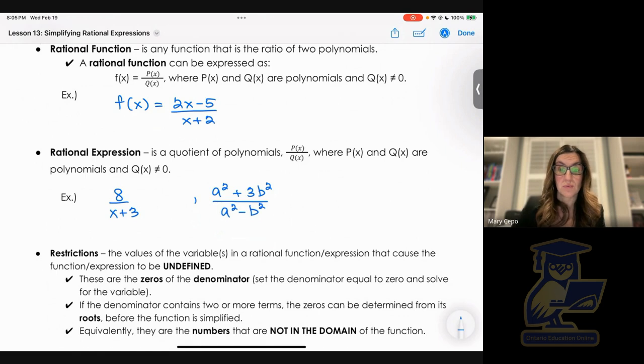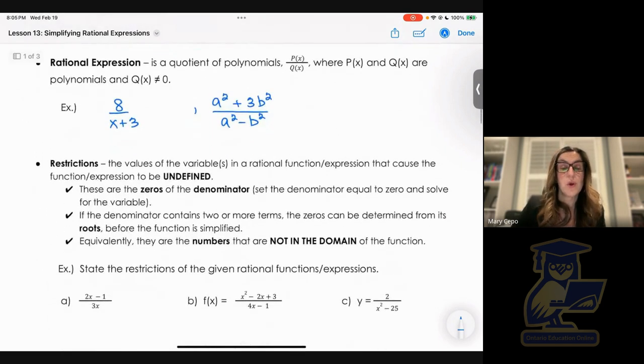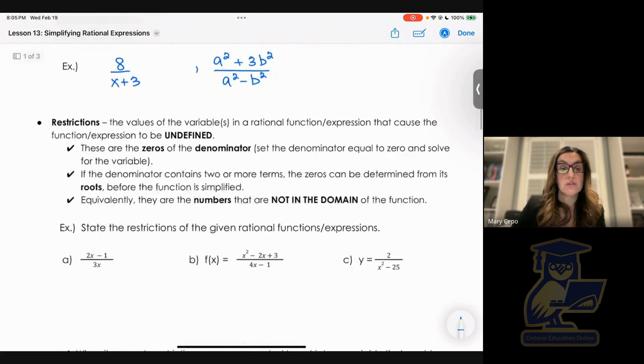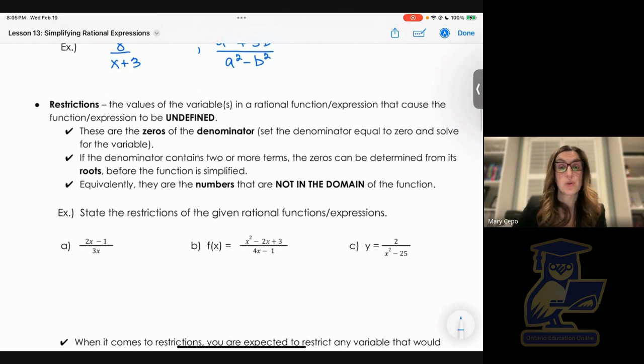And that leads to something called restrictions. Restrictions are the values of the variables in a rational function or expression that cause the function or expression to be undefined. These are the zeros of the denominator. So in order to determine that, we set the denominator equal to 0 and solve for the variable.